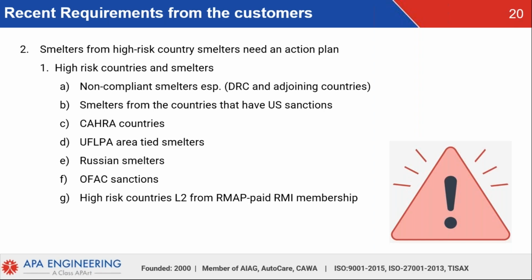And the fourth one is UFLPA listed smelters. This is a conflict affected region in China. This is under scrutiny by the US. And the Russian smelters, you all know, due to the war, the US has put multiple sanctions, and gold is one of the popular imports from Russia. If the smelter is from Russia, your US customers are likely to ask additional questions to you.